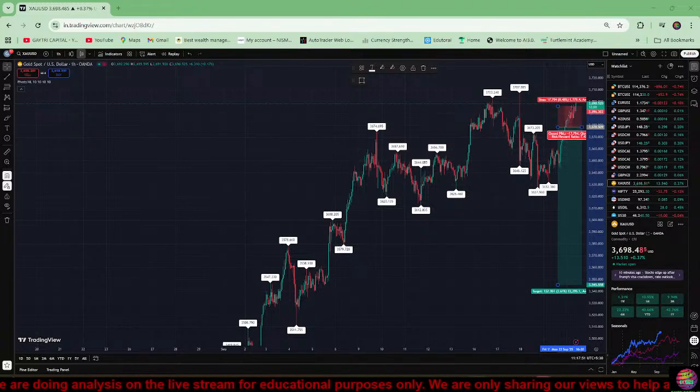And market structure is every single point that looks like an elbow, that looks like a triangle, looks like a pointy thing, however you want to identify it. Every single point that looks like this consists of market structure. And as you can tell, the market is heading to the upside or heading to the downside because of these market structure points.